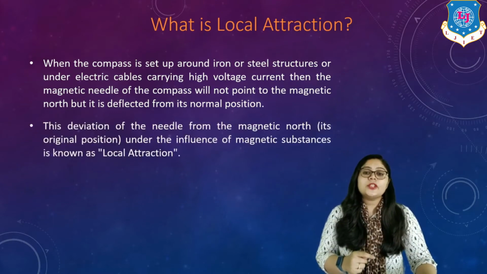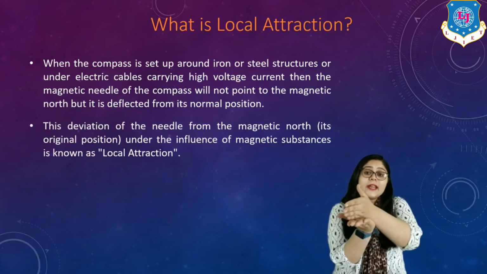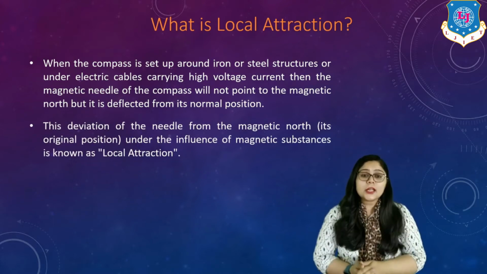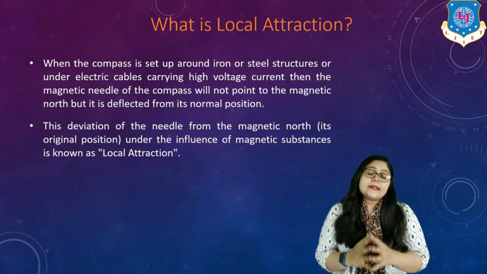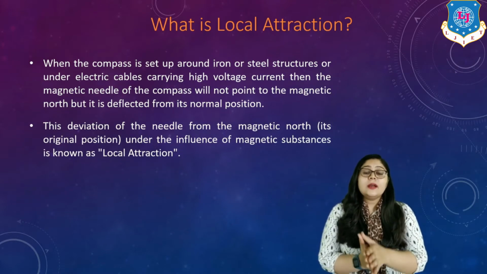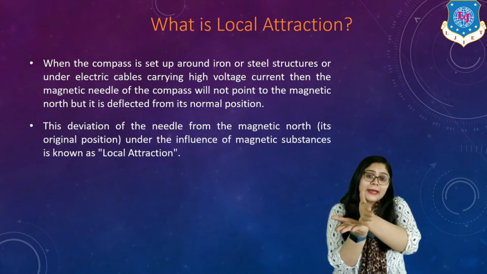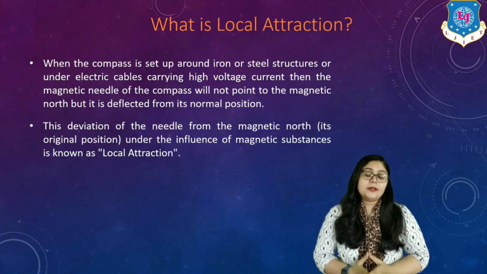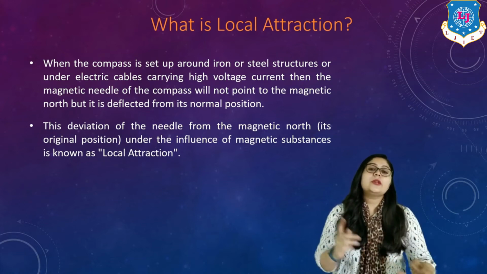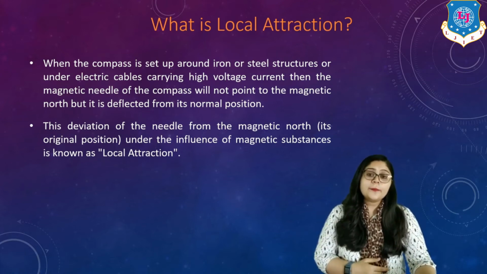This kind of situation, which deviates the needle from its original position, is known as local attraction, because under the influence of magnetic substances, the deviation of the needle takes place.